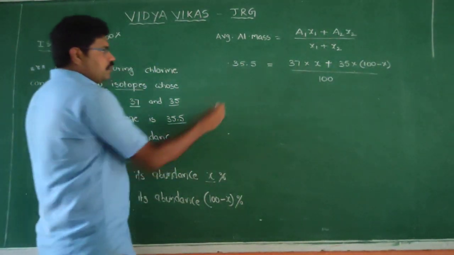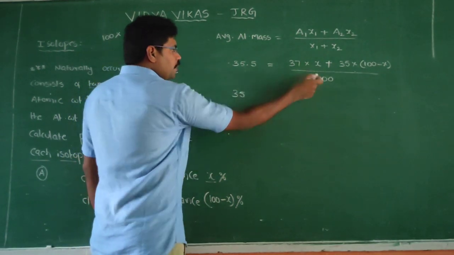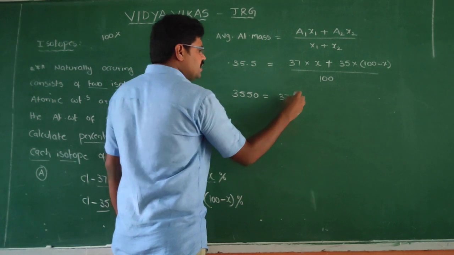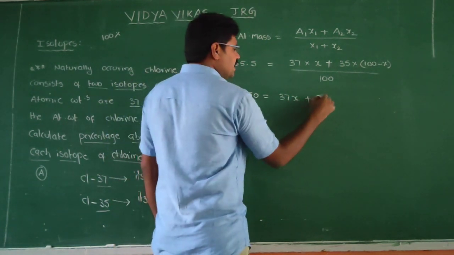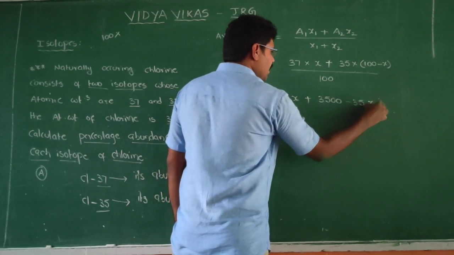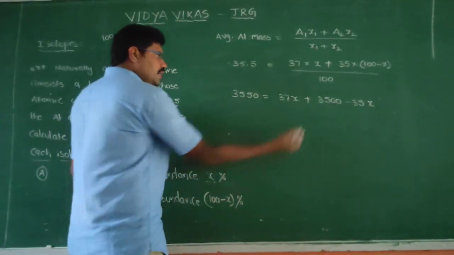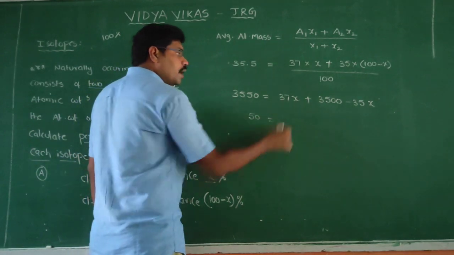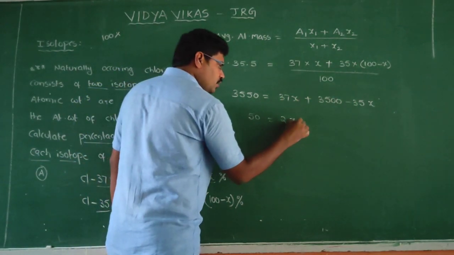While we go for the calculations, we have just multiplied 100 by 35, and this is 37x, and this is 3500 minus 35x. Bringing this 3500 to the side, it is 50. What about 37 minus 35? It is 2x.